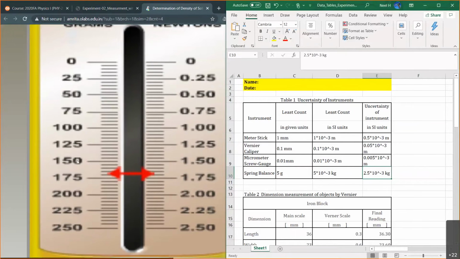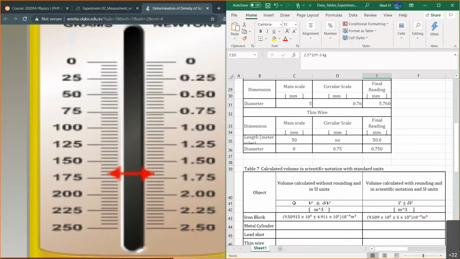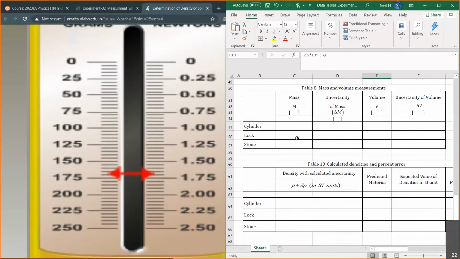So this is 150, 155, 160, 165, and then the next line is 170, which means I can read 167.5. So the mass of this object, the cylinder, I can read as 167.5. I am using the unit of grams directly. Okay, I'm not going to change anything. Whatever I can directly observe, I'm going to use that unit. That's the mass.